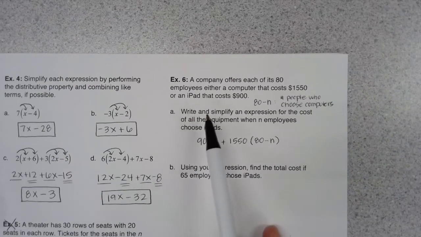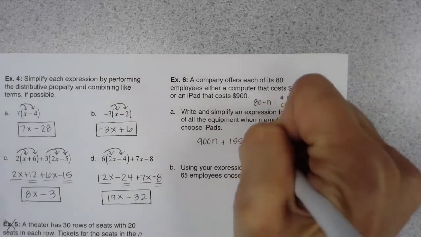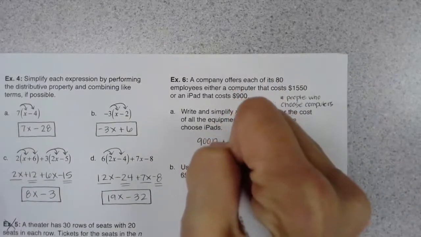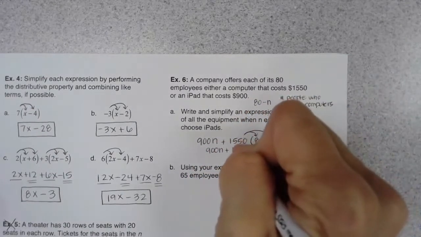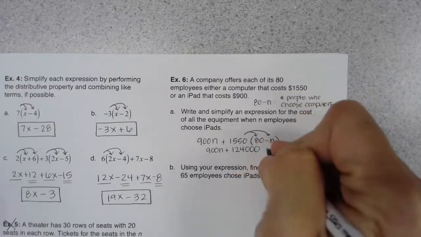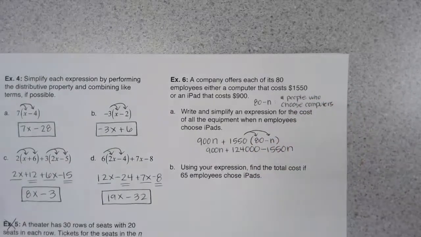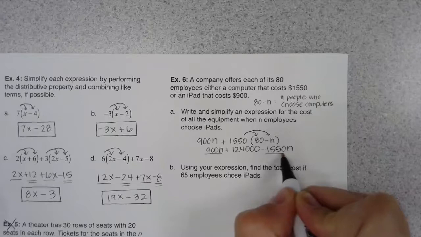It says to write and simplify an expression for this, so we'll just do the distributive property here to simplify, and then we'll combine like terms. So we'll do the distributive property and multiply. This is 124,000 minus 1,550n. And then when I combine my like terms, I can combine them here and here.